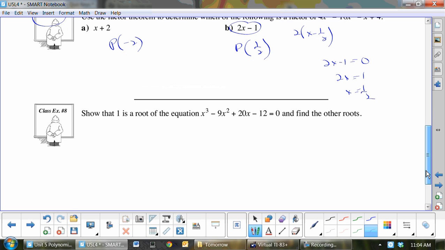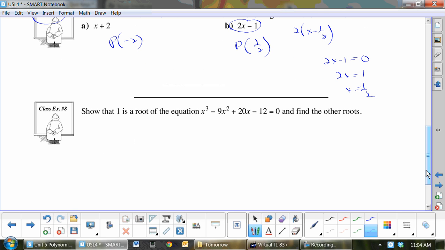Okay, now example 8 is kind of leading to where we're going with this. So it wants you to completely factor this, and it does give you one little tidbit of information, that 1 is a root, but they say show that it is, okay? So when it says show that it is a root, that's telling you it is, right? They're like, well, go and show us, right?